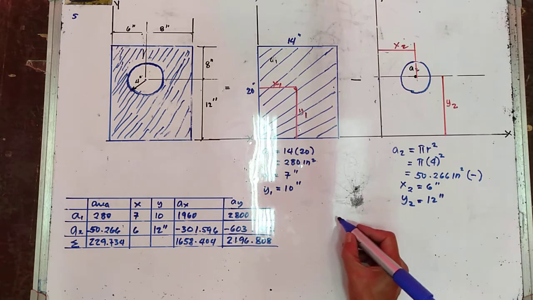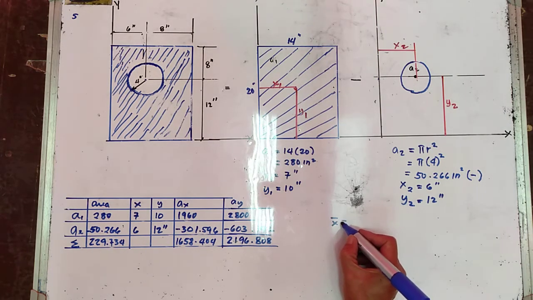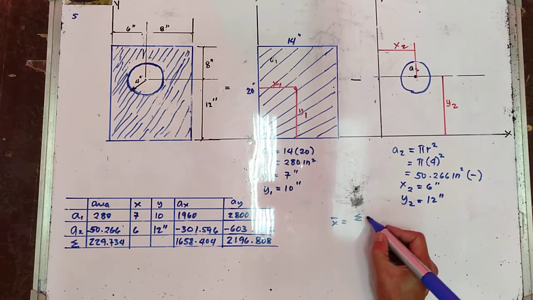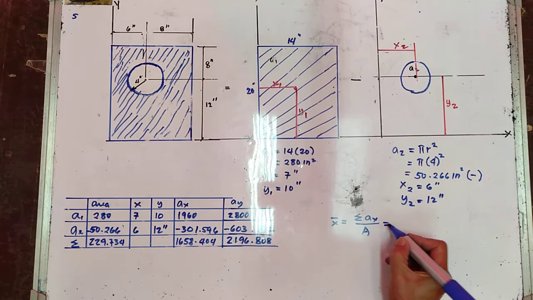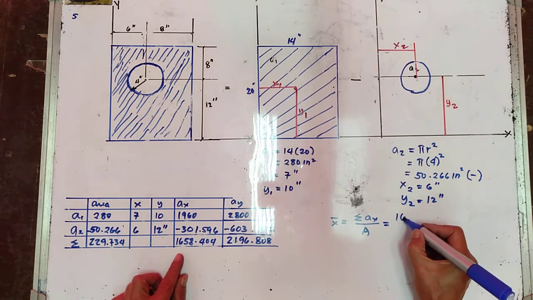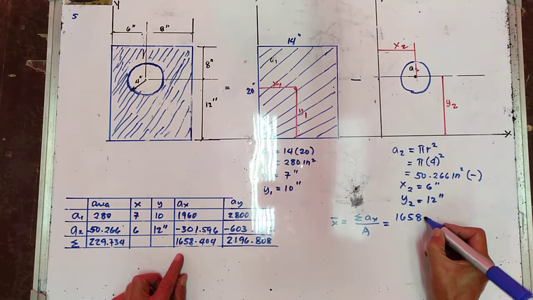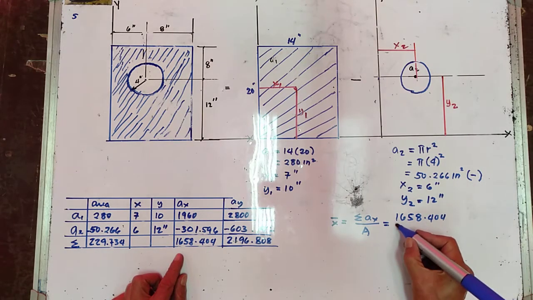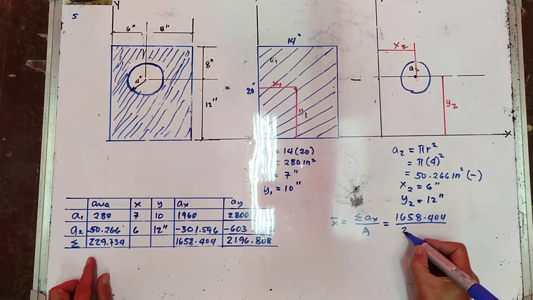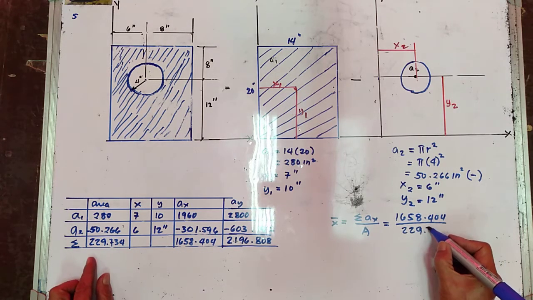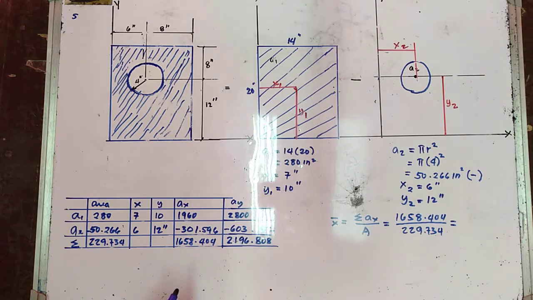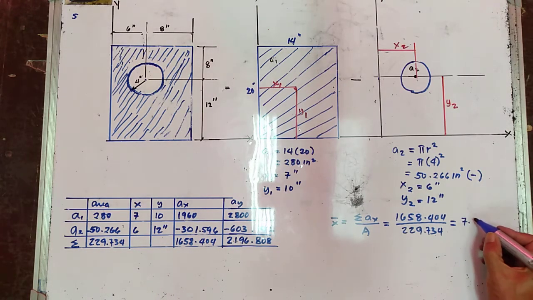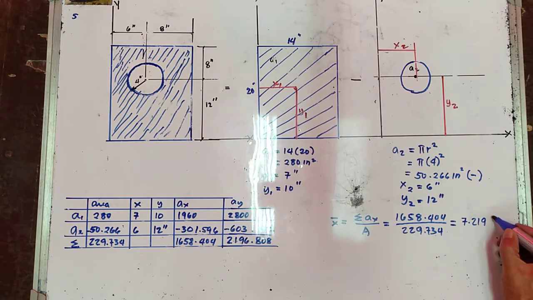So let us determine now the centroid of this area. Your bar x is equal to summation AX all over the total area. This is equal to 1658.404 all over the total area, 229.734, so this is equal to 7.219 inches.